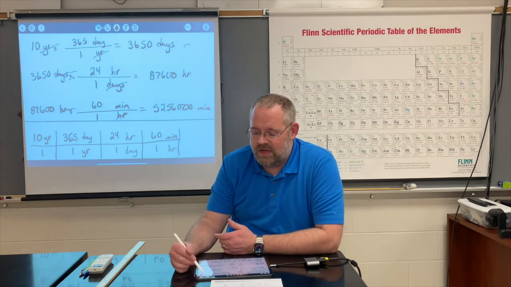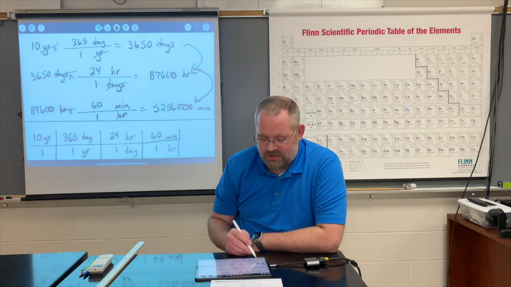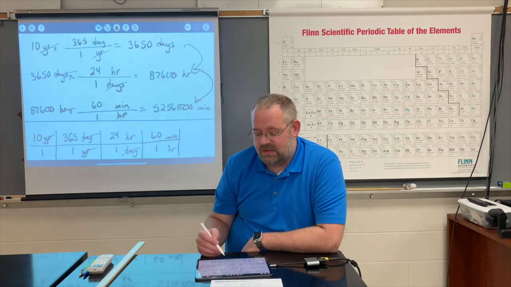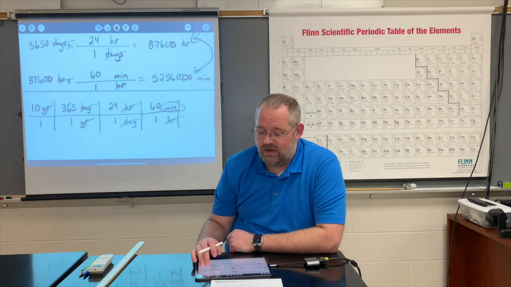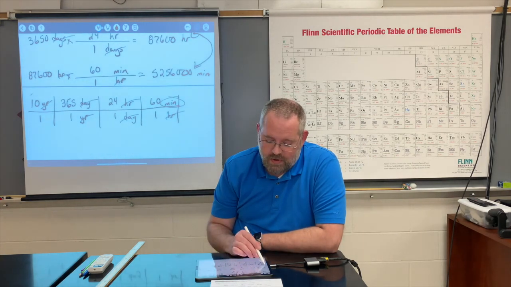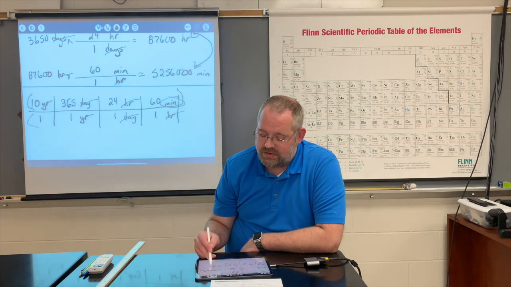Now, if making the 3 separate steps is easier for you, then do that by all means. This is just kind of like a shortcut, and as you go through, it will be years cancel out, days cancel out, hours cancel out, and you're left with minutes as your final unit. But then you have to multiply your entire numerator together and then divide it by your entire denominator.